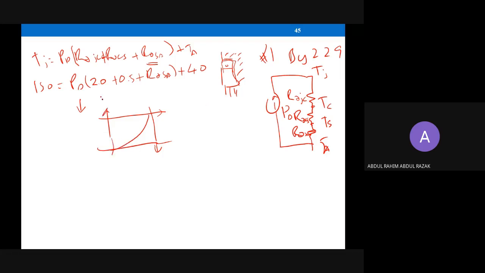This is your P, this is your A current. So 8 ampere, you go up to 10, 12, 12 watt. Figure number 2, in your datasheet number 1 here. So for 8 ampere, it rises up to 12 watts.